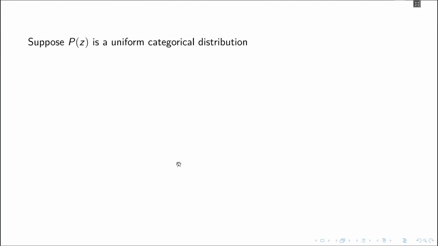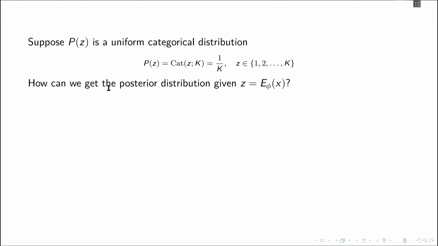What's more, we can have different assumptions. Like in VQ-VAE, it supposes that P(z) is a uniform categorical distribution, right? But how about the posterior distribution, given the encoder output?